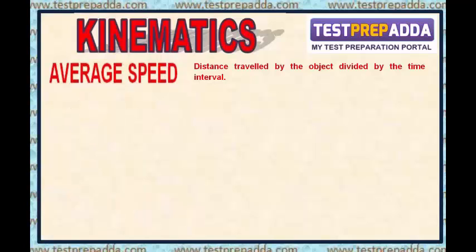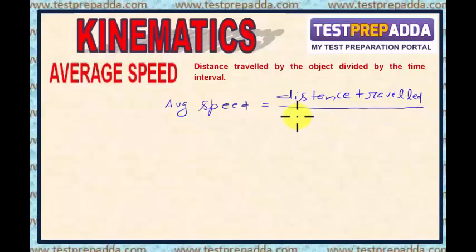So, we have defined average speed as the distance traveled upon the time interval.